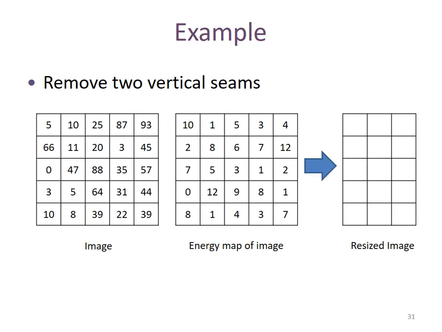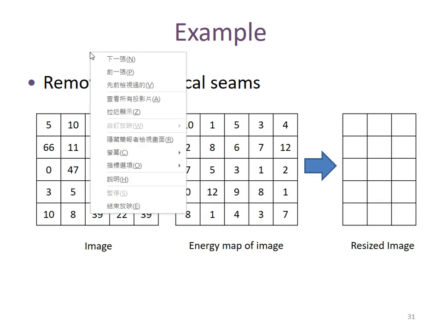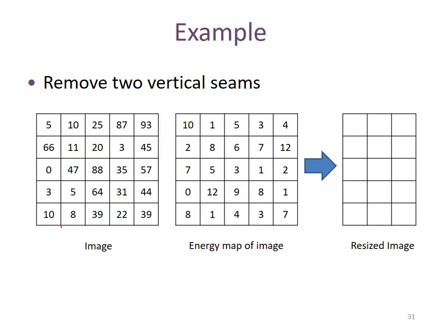So let's see the example here. Once we have the image and the corresponding energy map, we can see how to remove the vertical seam. Let me show you this example. We have the energy map, and we start from the first row here.